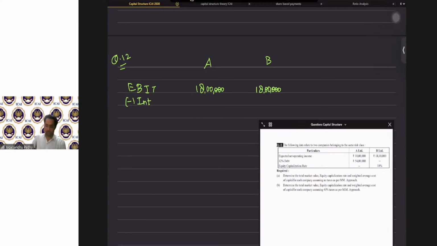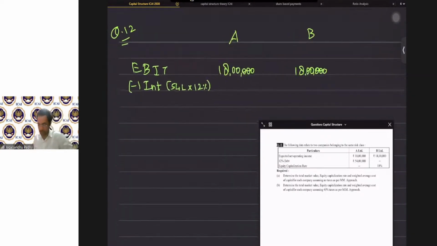interest. So of course, since A is the company which has got 54 lakh of debt, it would be paying interest on it. So the interest would be 54 lakh multiplied by 12%. Right? 54 lakh multiplied by 12%.